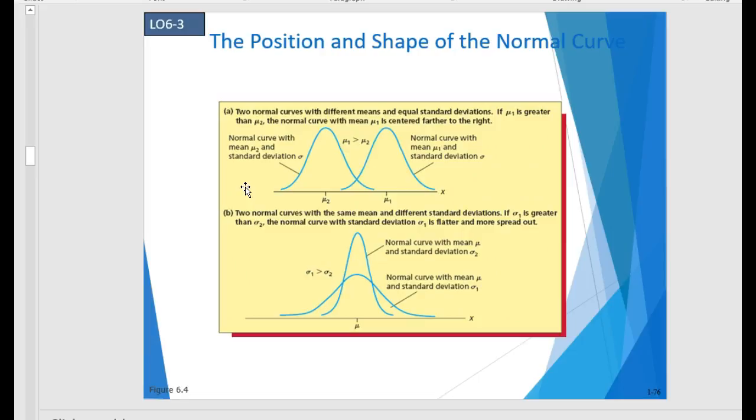The wider a curve is, the larger its standard deviation, which makes sense. If you think large standard deviation, that means there's higher variance. That means there's a higher spread of data. That's going to be a flatter curve with a much wider range of data.